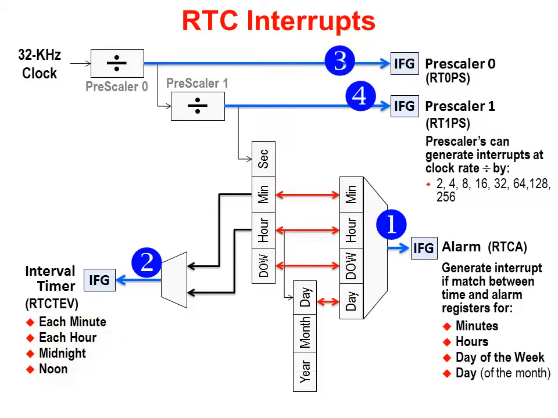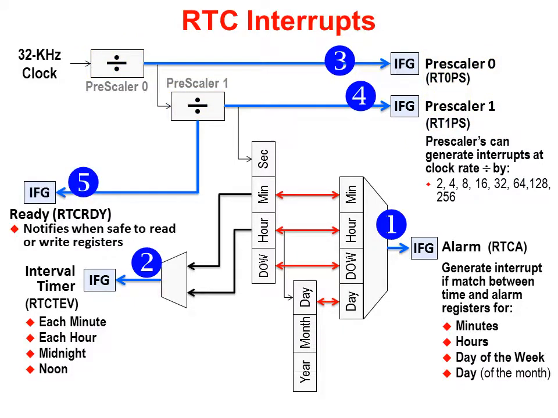The RTC also has the flexibility to generate additional time-based interrupts from the prescale counters. For example, whenever a prescale counter is divided by 2, 4, 8, 16, 32, 128, or 256, an interrupt can be generated. Because we have 2 prescale counters, that gives us 2 more interrupts, what we call interrupts 3 and 4 in our list of 6.